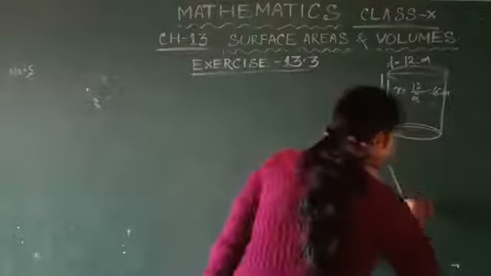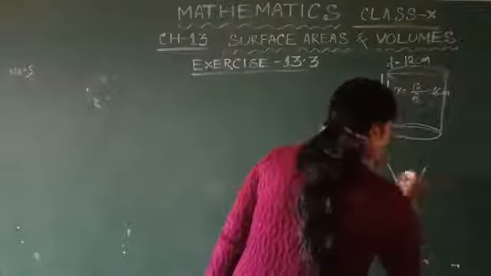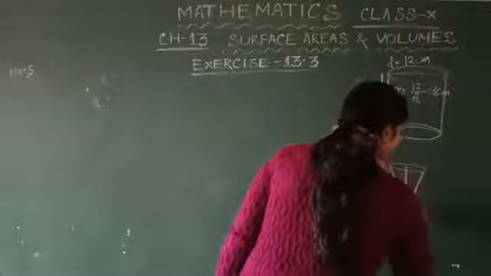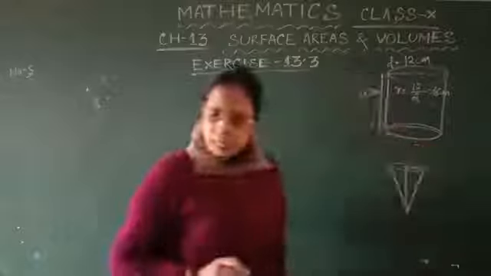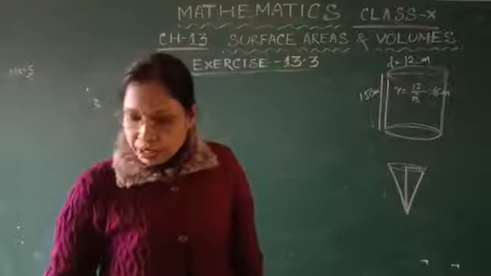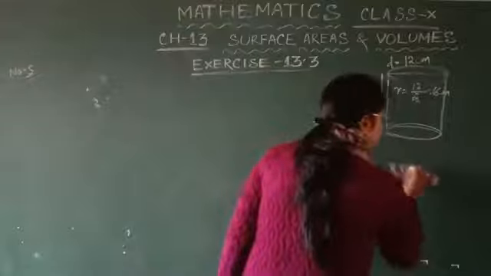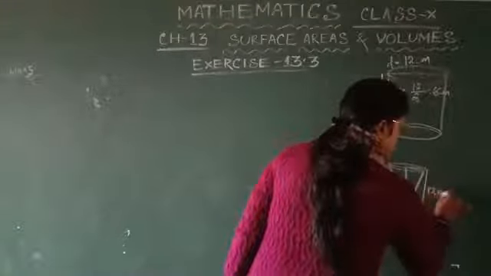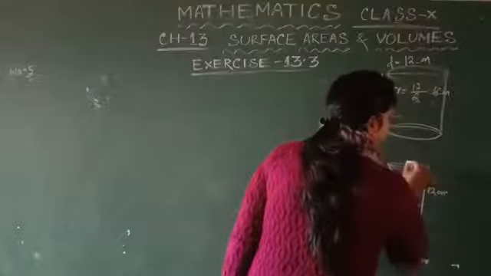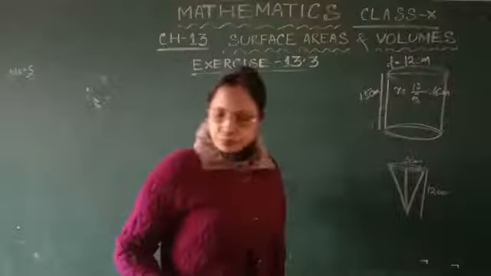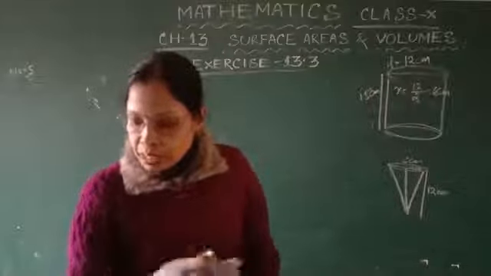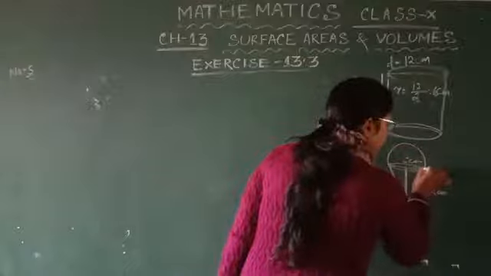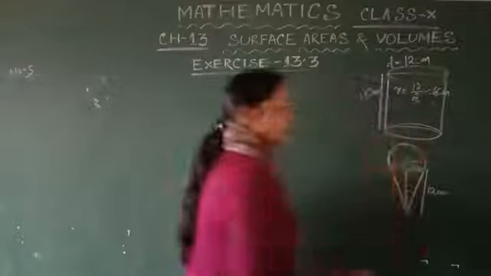Here is a cone of height 12 centimeter and diameter 6 centimeter, the height of the cone is 12 centimeter and this diameter is 6 centimeter, and having a hemispherical shape on the top. Here also a hemispherical shape on this top.